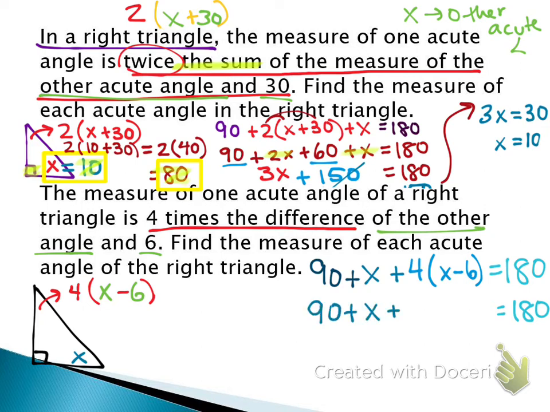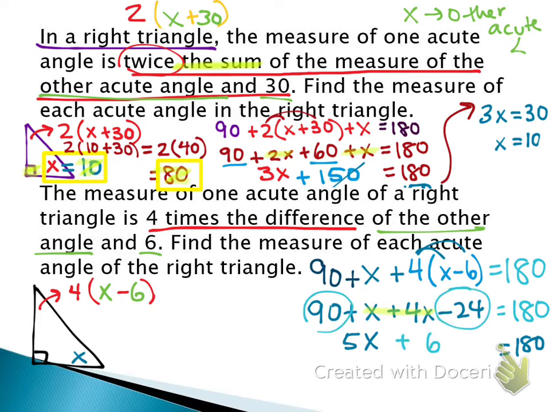Distribute. 4x minus 24. Combine some like terms. We got x and 4x, which makes 5x. And then we got 90 minus 24, which makes, correct, 66.